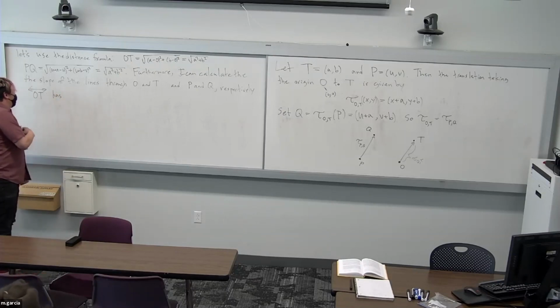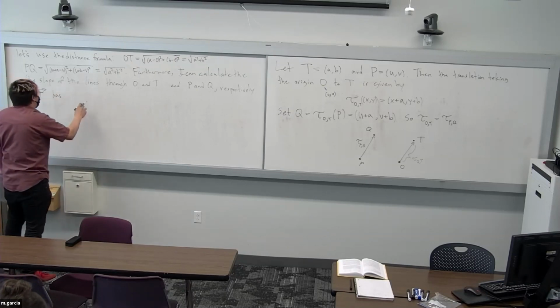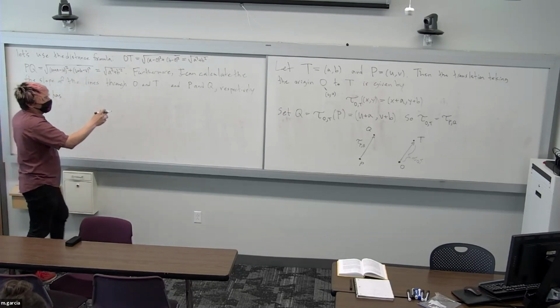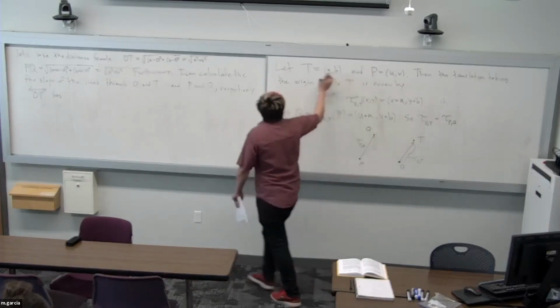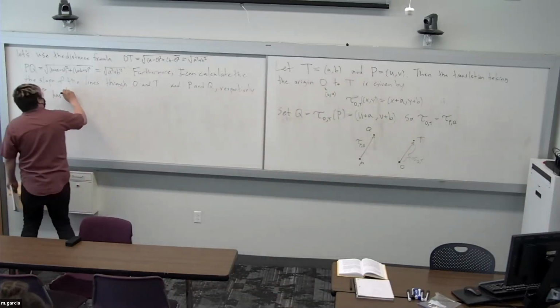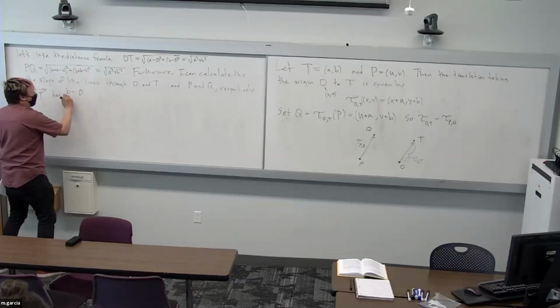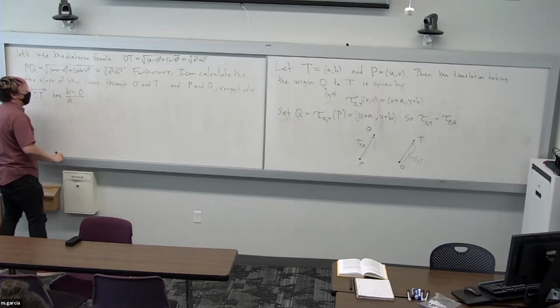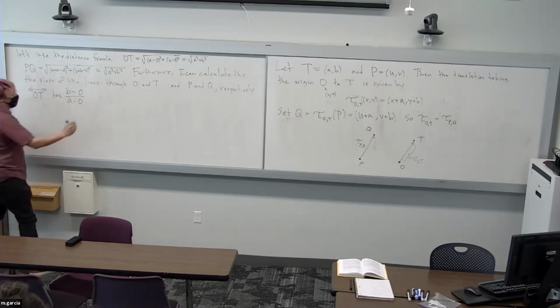So OT has slope... well, we just use the high school formula for slope. It's the change in y over the change in x, right? So we take the y component of T minus the y component of the origin, divided by the x component of T minus the x component of the origin.